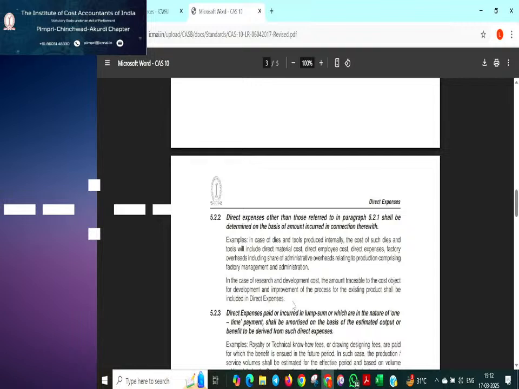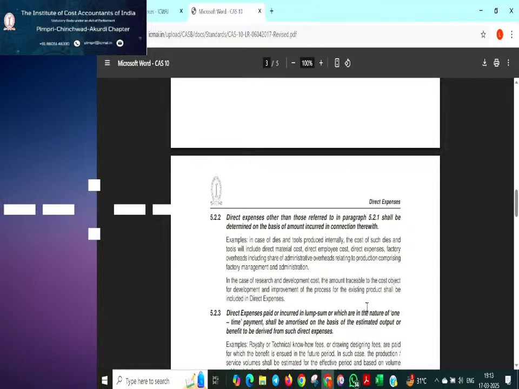If that R&D is incurred for improvising your process, for example, it cuts down the process time or it increases the productivity, such kind of an R&D is related to that production or product. In that case, this amount will be traced to direct expenses under that product category. So be very careful about such kind of an R&D, because on hearing R&D, you should not think, oh, it will be towards a new product launch.